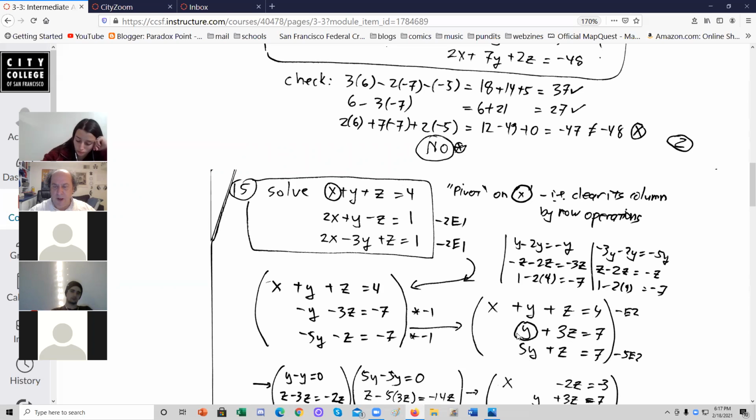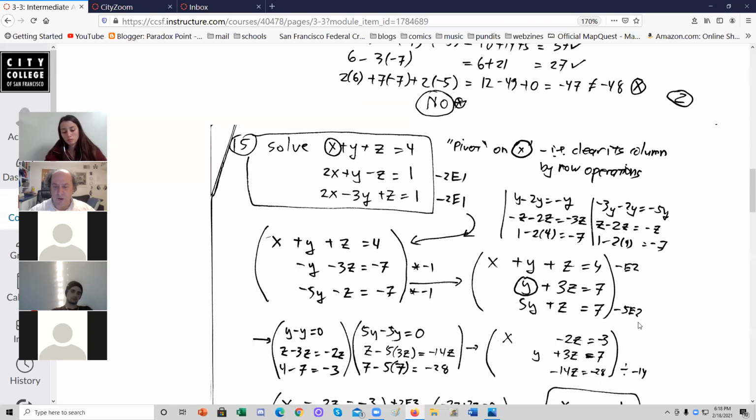Now I pivot on this y here. We'll use this y to eliminate the y in the first equation and the 5y in the third equation. We eliminate the first by subtracting equation 2, and we eliminate the 5y by subtracting 5 times equation 2.